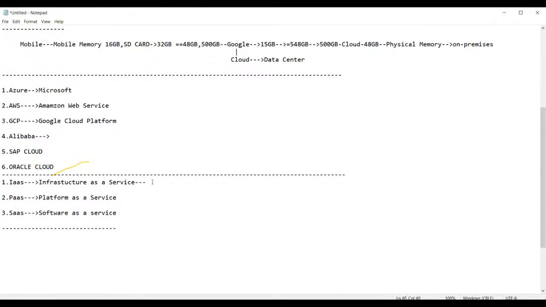All the storage, how much storage do you require? 500 GB or 1000 petabyte. Okay, all of this is the responsibility of the cloud provider, and it provides this service in the form of what? Infrastructure as a service.